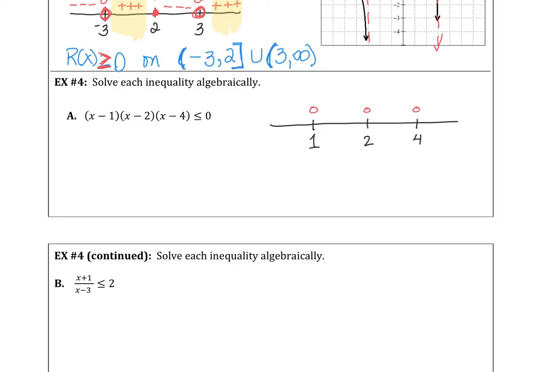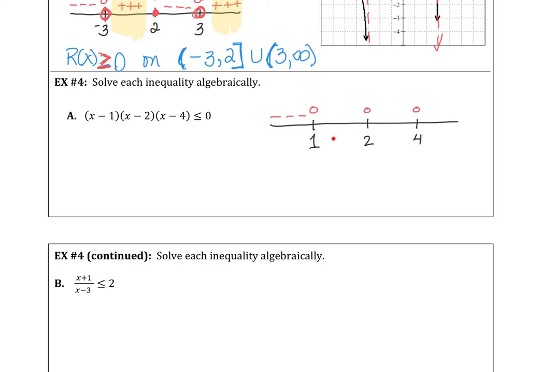And we want to solve that inequality. So if you substitute some number in this region here, if we substitute 0, we've got negative 1 times negative 2 times negative 4. So that's a negative times a negative times a negative. That section is going to be negative or below the axis.